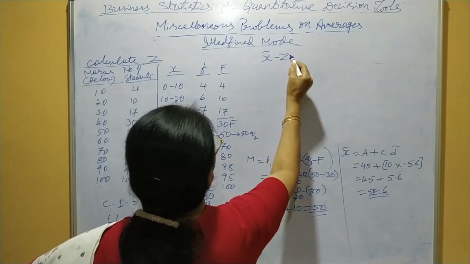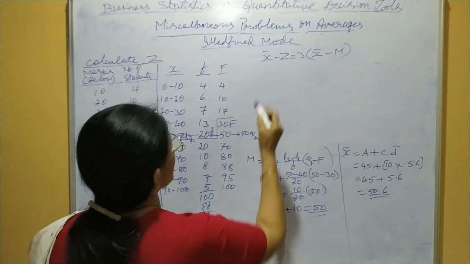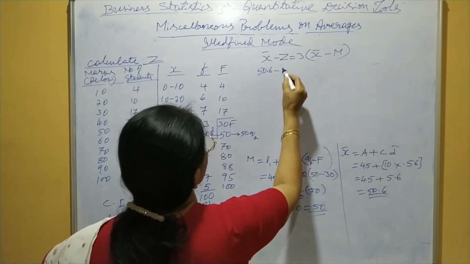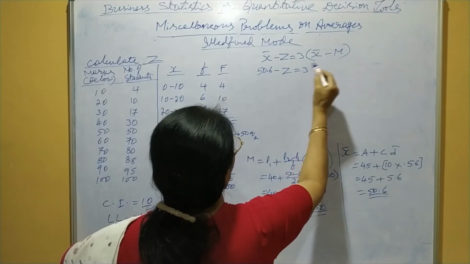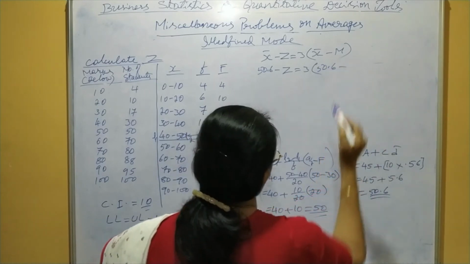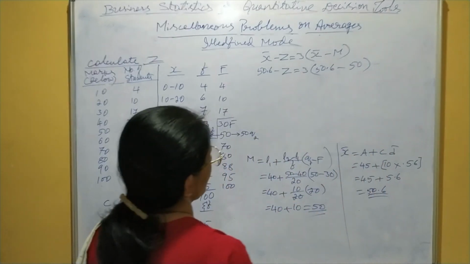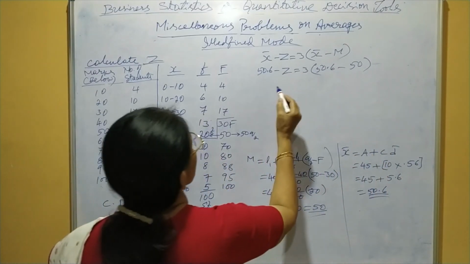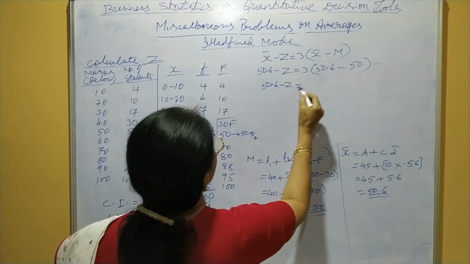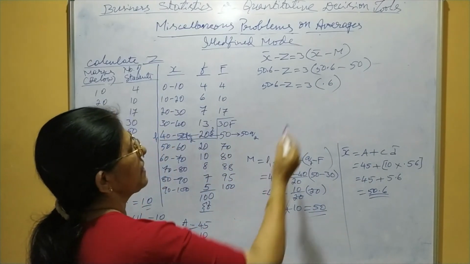X bar minus Z equals 3 into X bar minus M. X bar we have calculated 50.6, minus Z is not known, equals 3 into X bar 50.6 minus M, M is 50. Now take 50.6 minus Z equals 3 into 0.6, isn't it?